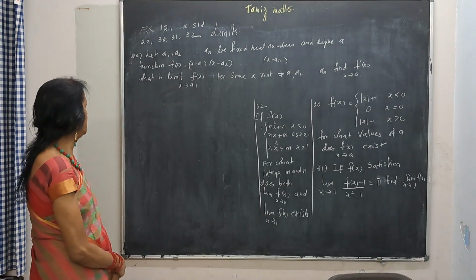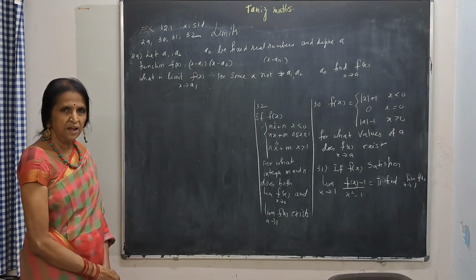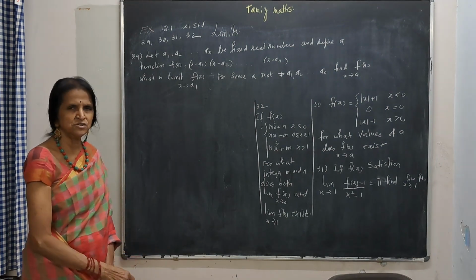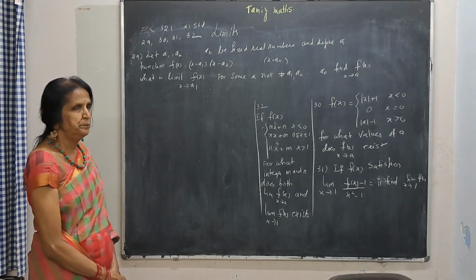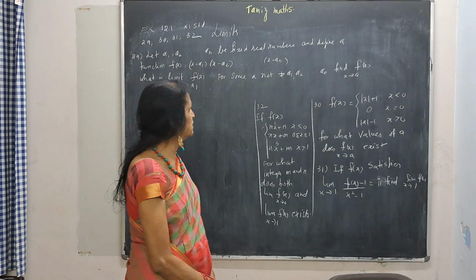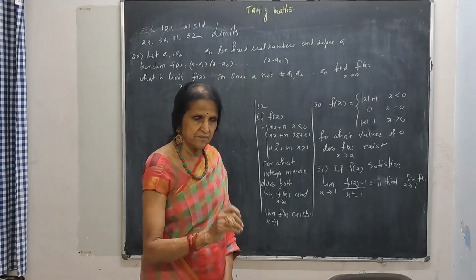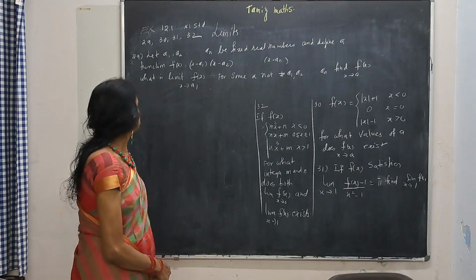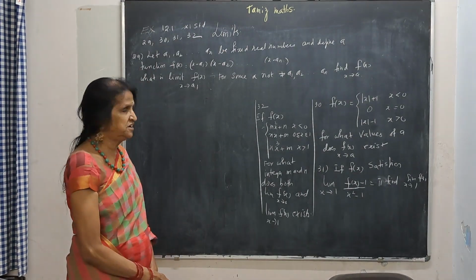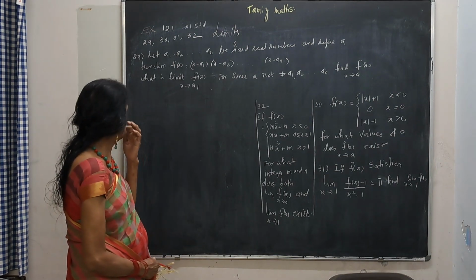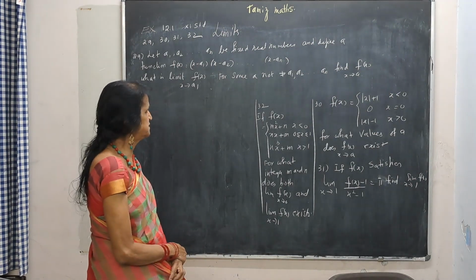Let's see problem 29. Let a1, a2, a3, a4 and so on up to an be fixed real numbers, and define a function f(x) which is equal to (x minus a1)(x minus a2)...(x minus an).